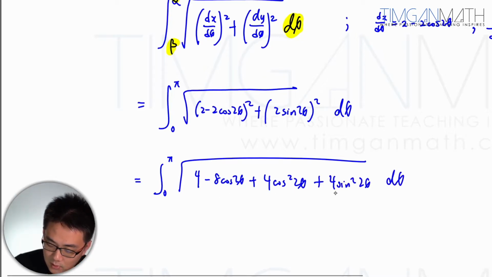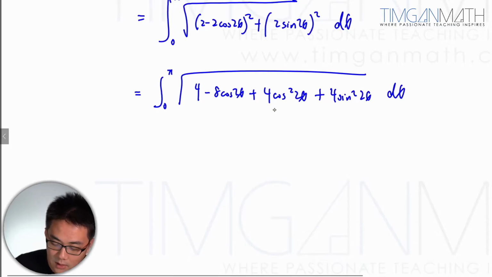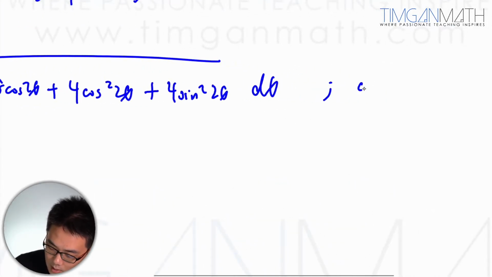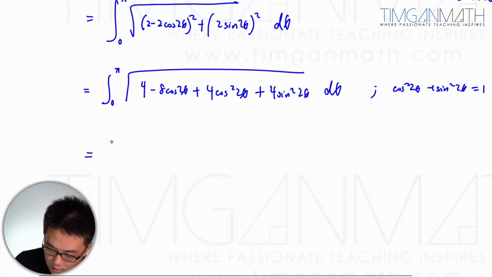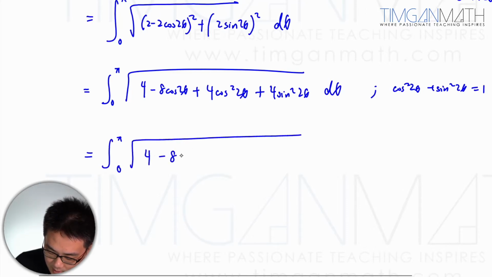So these two could actually be combined into 4, because cosine square 2 theta plus sine square 2 theta is equal to 1, right? So this is 4, minus 8 cosine 2 theta, plus 4.